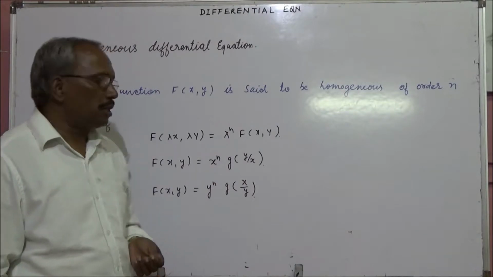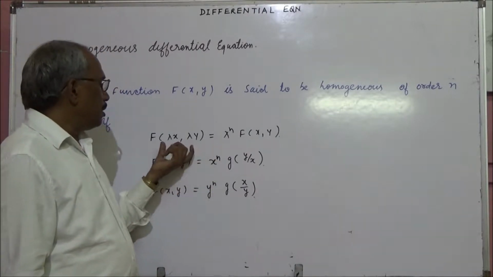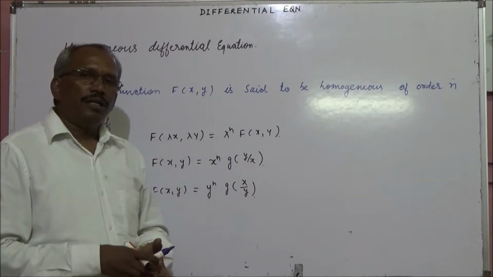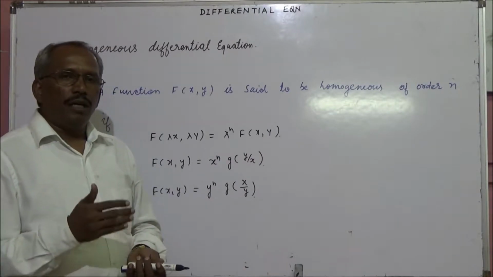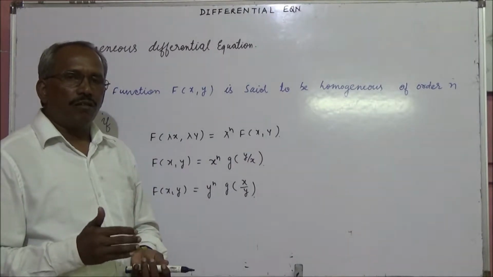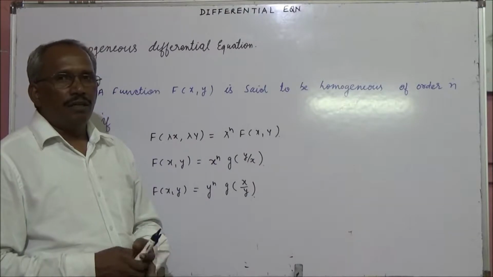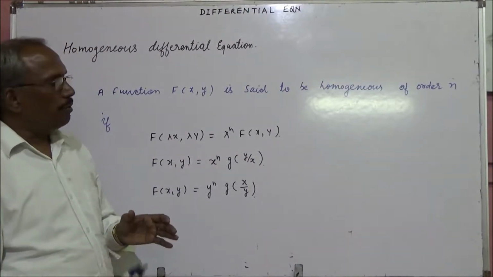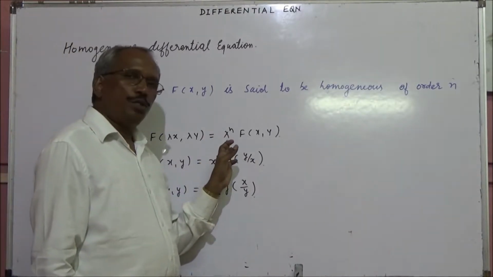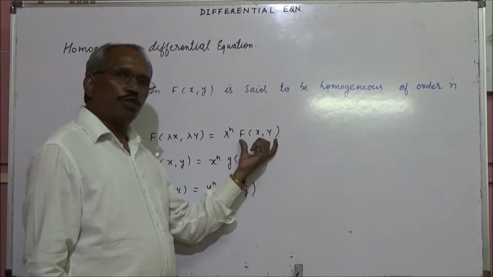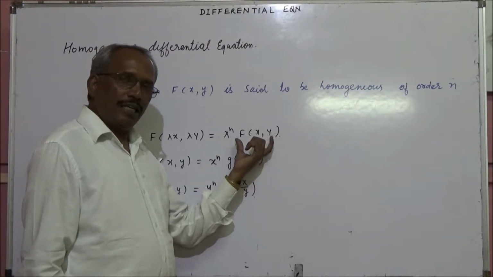So what is the meaning of this here? अगर हम कोई भी फंक्शन में x और y के बदले में λx और λy रिप्लेस करते हैं तो उस फंक्शन को λ रेज़ टू n f(x, y) ऐसा लिख सकते हैं.